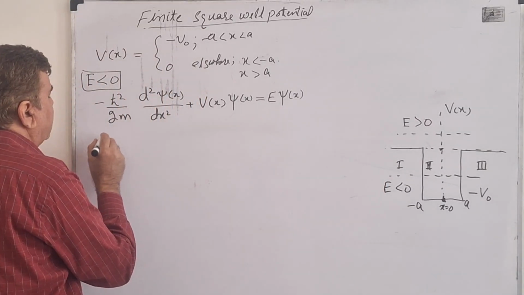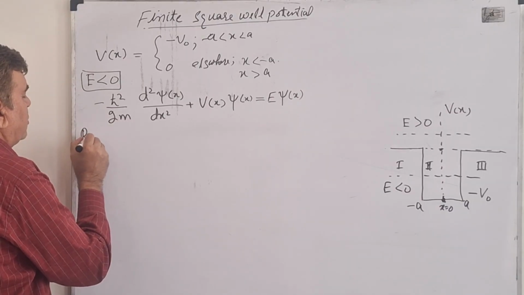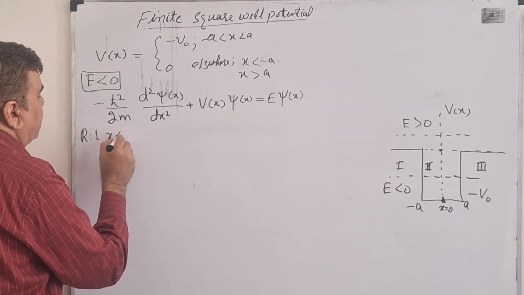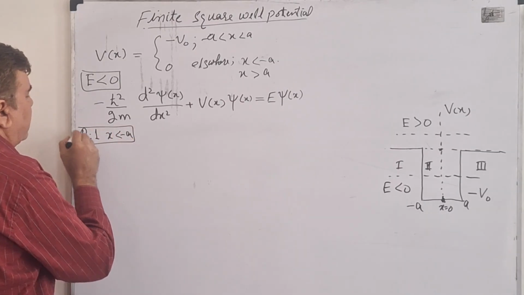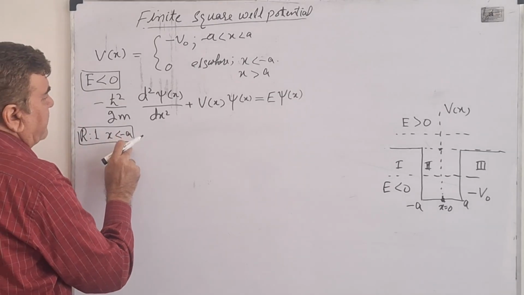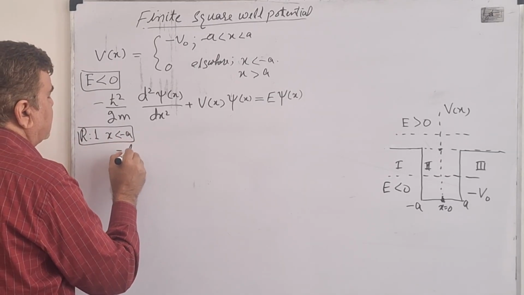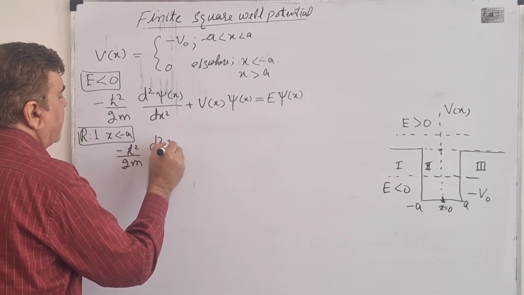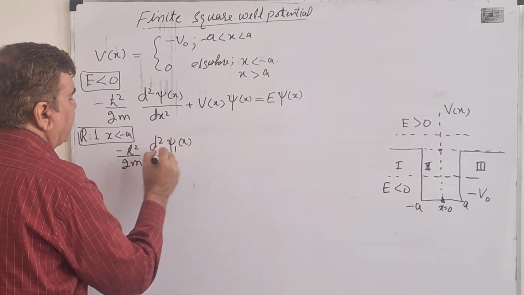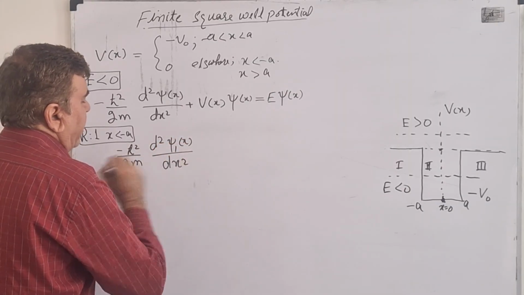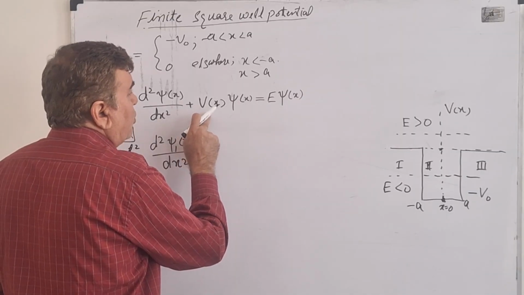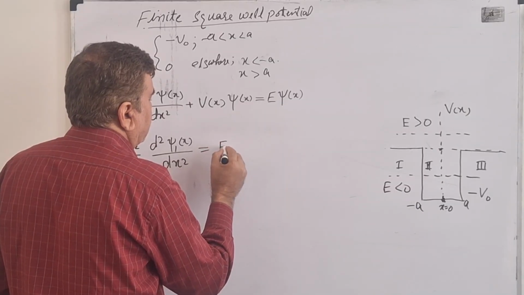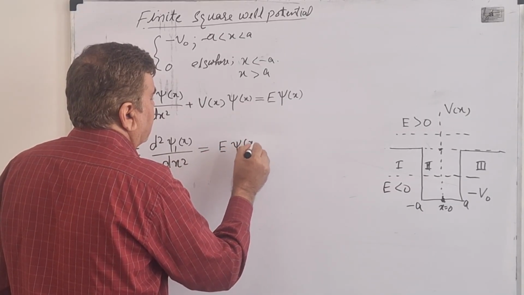So I can write the Schrodinger wave equation for region 1 with the condition that x is lesser than minus a. For this condition, the equation becomes minus h bar squared divided by 2m, d squared psi 1 over dx squared. The potential is 0 in this region, so I set this term equal to 0, and that gives me E psi of x.